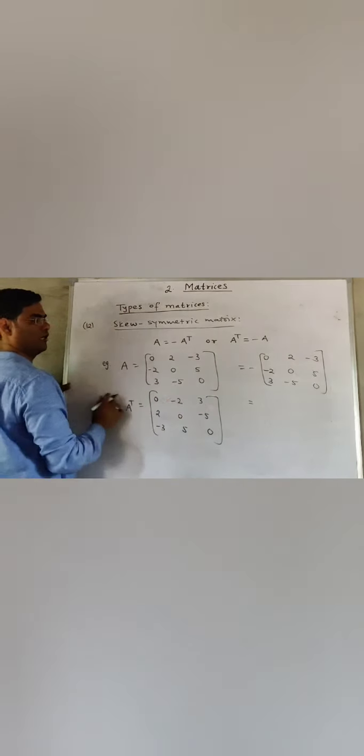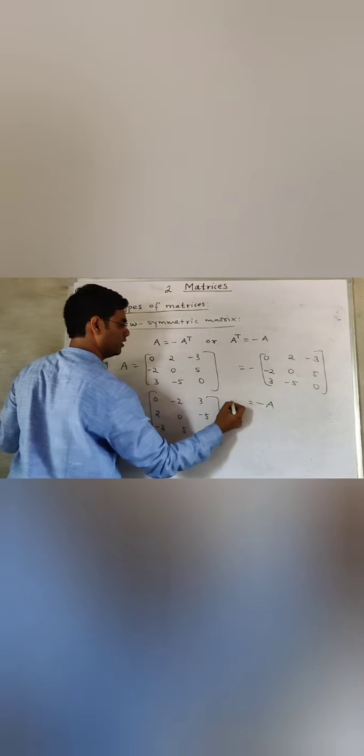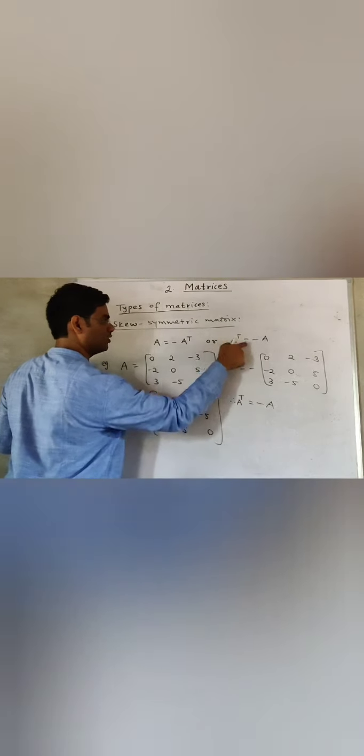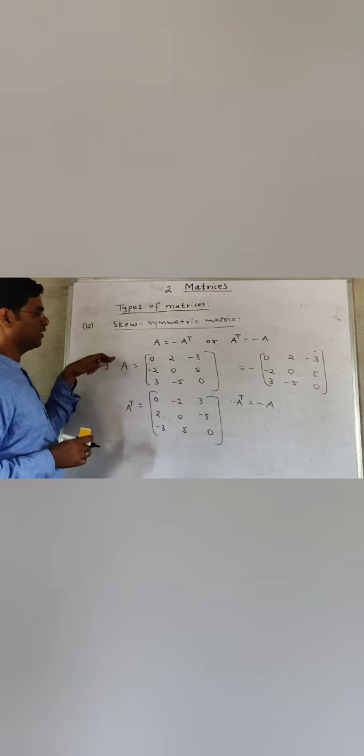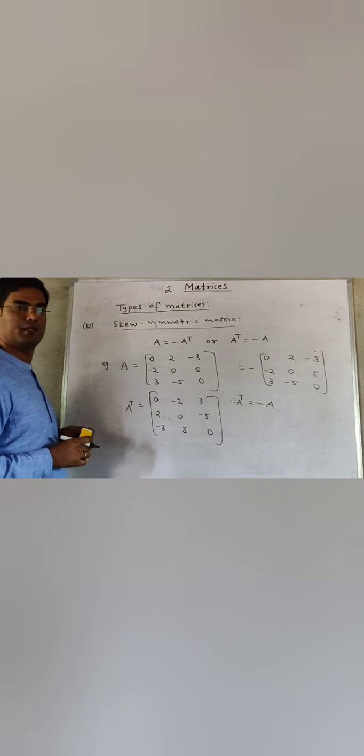Now this matrix is equivalent to what? A. So we can write this matrix as A. Therefore, in this case A transpose equals minus of A, so this matrix A is an example of a skew symmetric matrix.